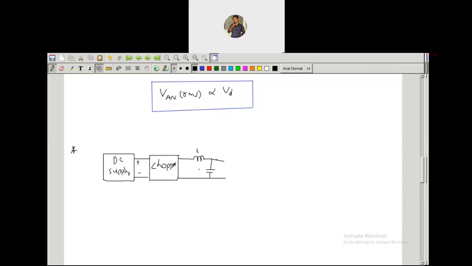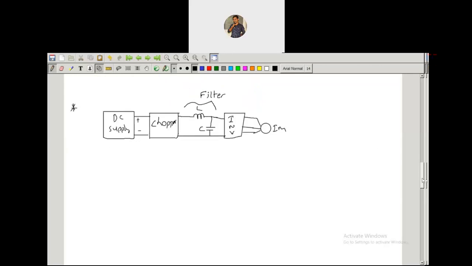We are going to use an LC filter, and now this will be given to the inverter, and it is going to feed this induction motor. This part is the filter.